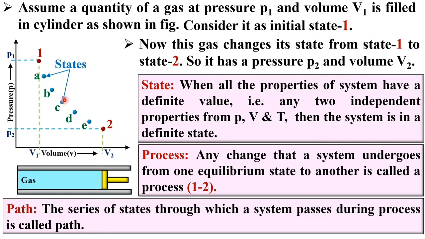So these are all intermediate states for the process 1-2, and if I join all these intermediate states, then it is called the process 1-2. And this is the path of the process 1-2.